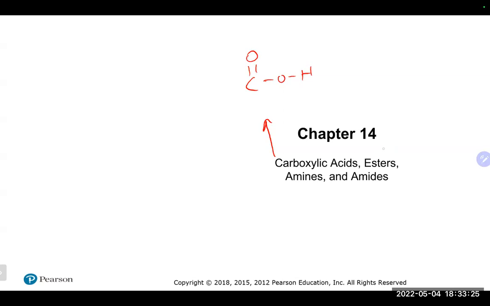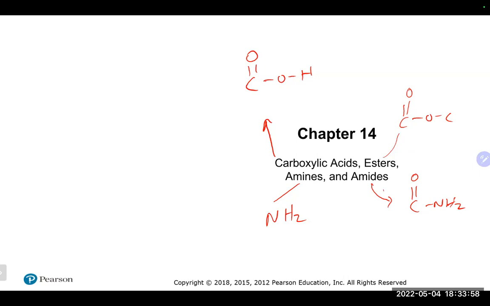Esters have a very similar sort of functional group, but it has a carbon attached. Amines have an NH2 nitrogen, a little nitrogen action happening off of it there. So they're all sort of related to the carboxylic acid with some slight changes.